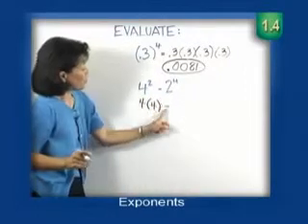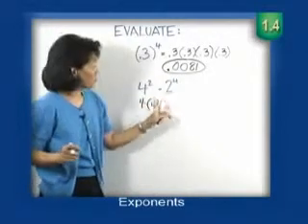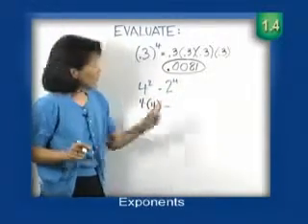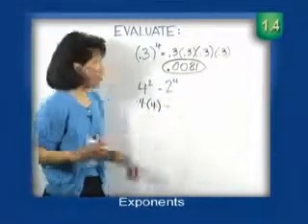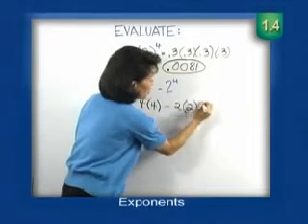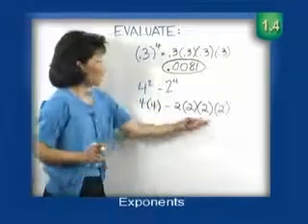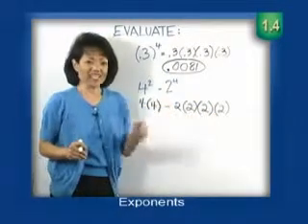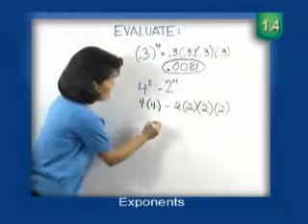Now notice there's no parentheses around the minus with the 2, so it's just a minus sign between these two terms. 2 is raised to the 4th power. That means we have 4 2's, or 2 times 2 times 2 times 2. There we have 4 of them. Now let's just evaluate. 4 times 4, 16.